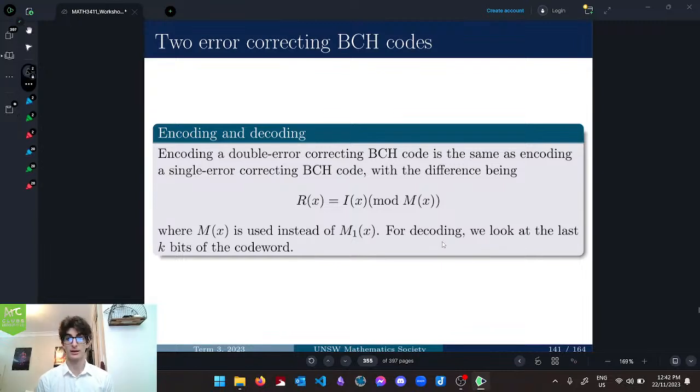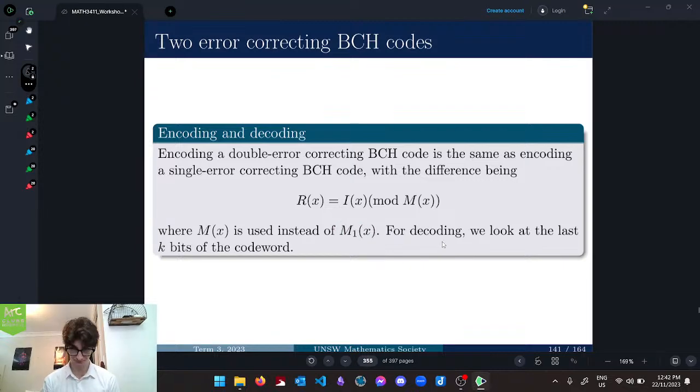Okay. So, still on 2 error codes. Encoding and decoding. Encoding a double error correcting BCH code is the same as encoding a single error correcting BCH code, with the difference being R(x), our polynomial, is I(x) mod m(x), where m(x) is used instead of m1(x).